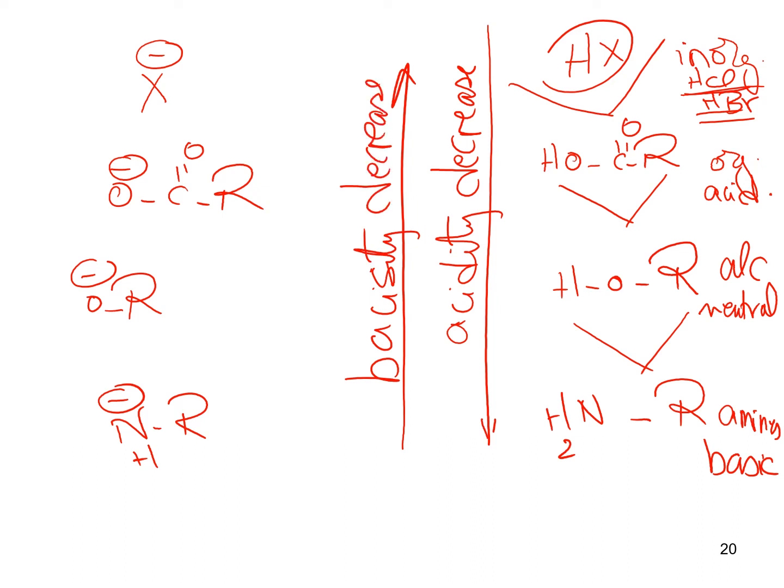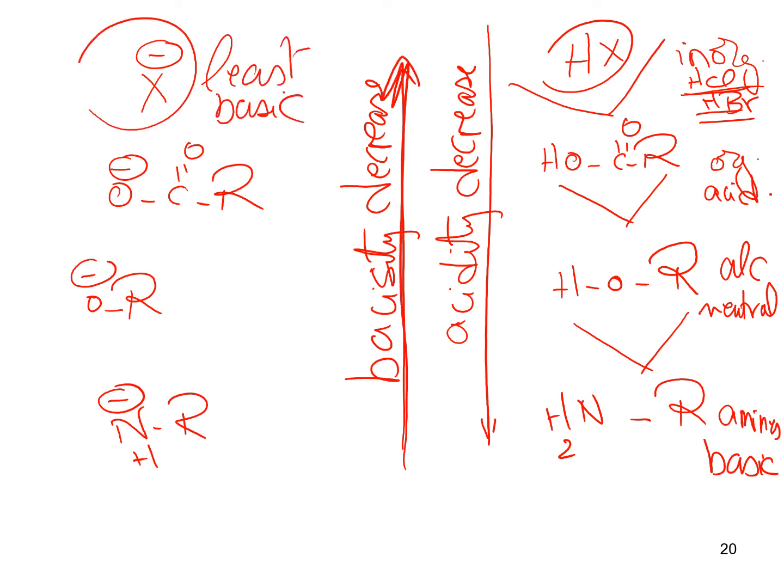Which means that if we discuss the other side, the leaving group itself, this is the least basic. Basicity decreases upwards, which means that the top is the least basic. The conjugate bases of the inorganic acids are less basic than the carboxylates, less basic than the alkoxide parts, and less basic than the amine moieties.